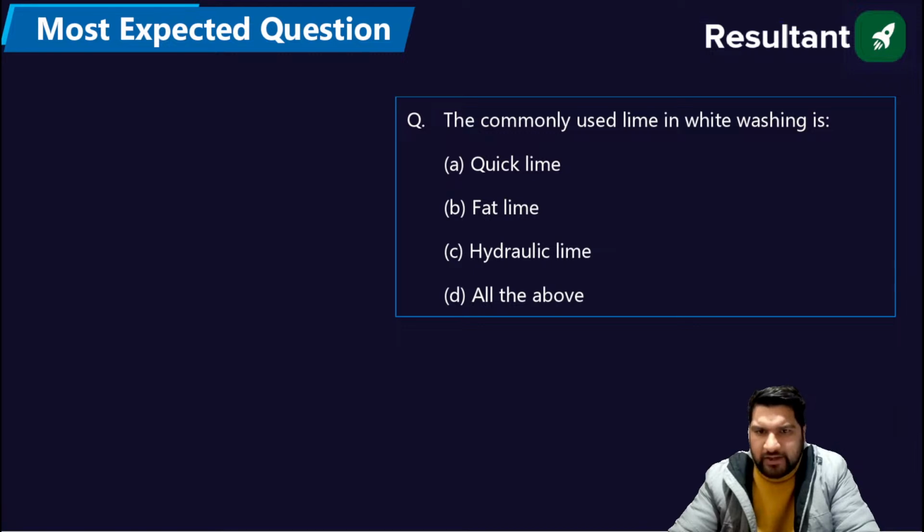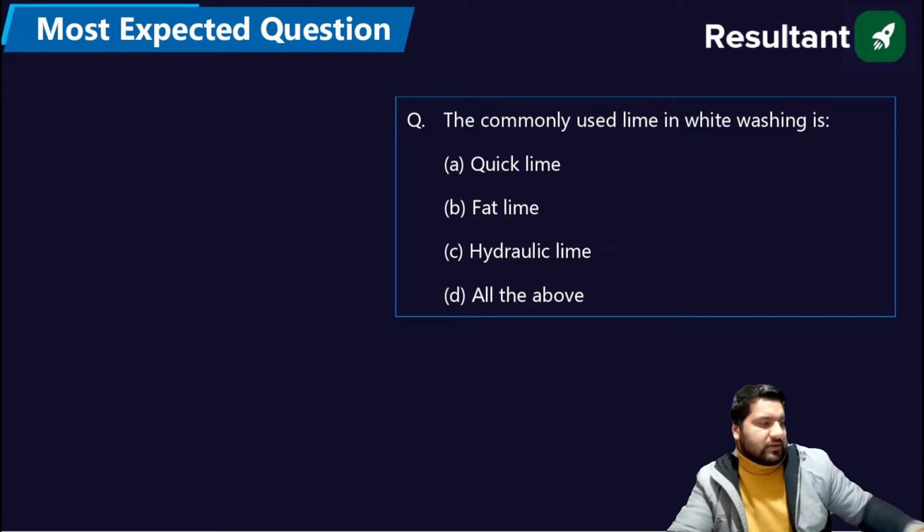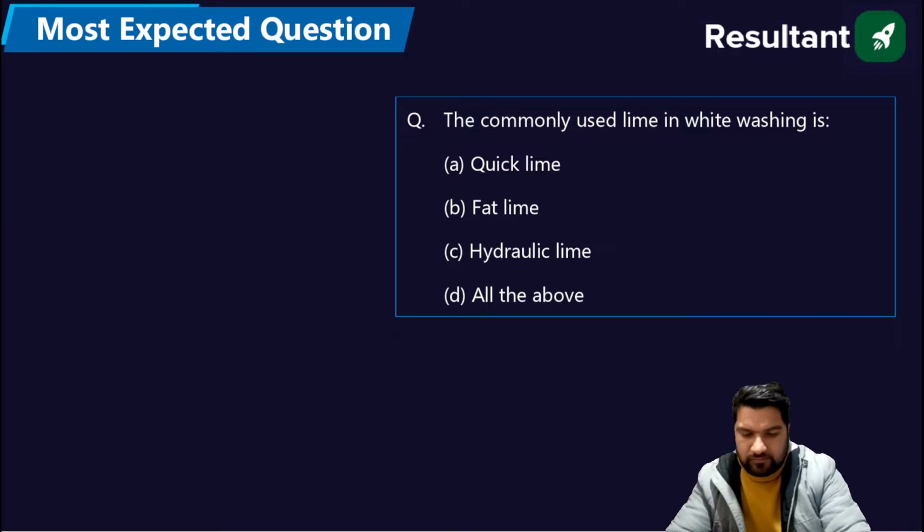The commonly used lime in whitewash is called what?